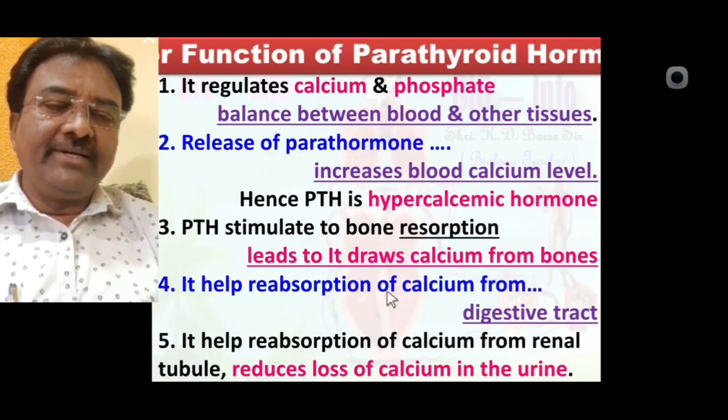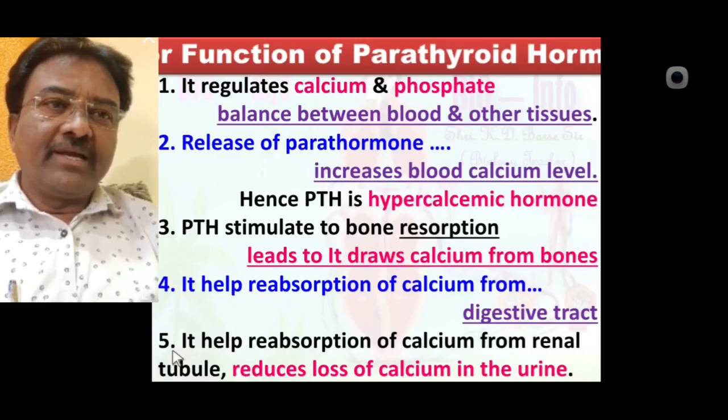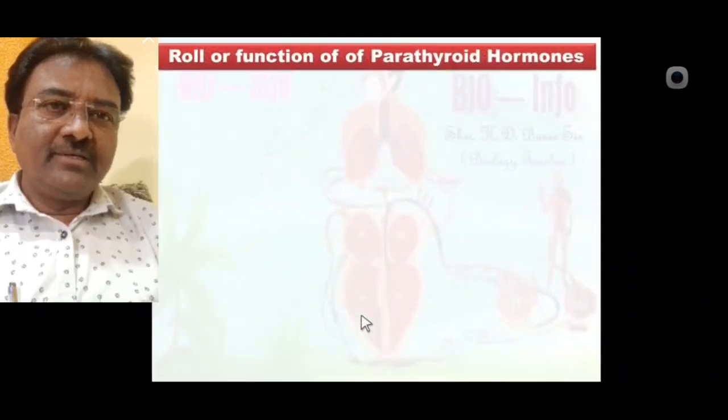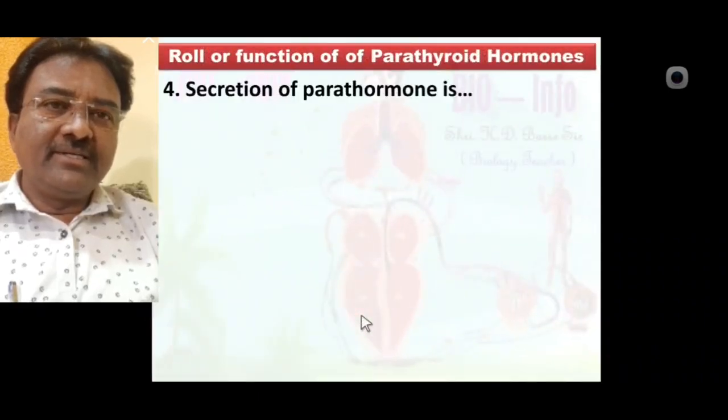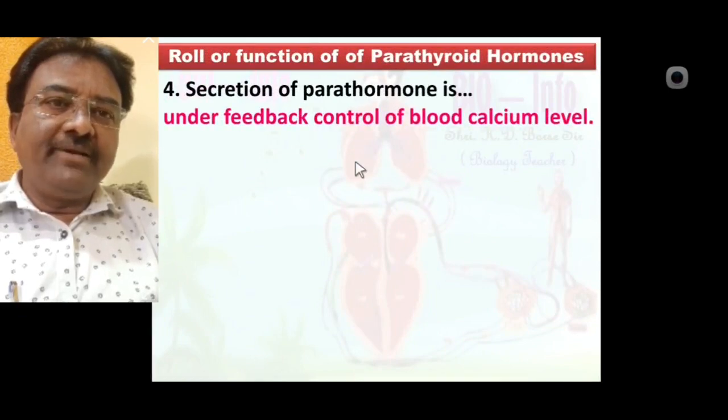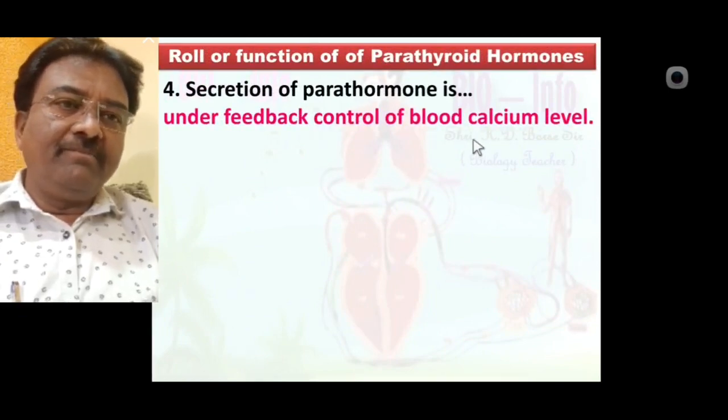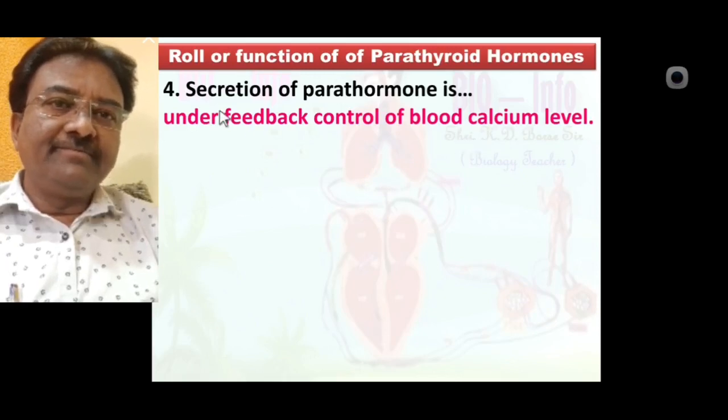Up to this we discussed in detail 5 different characteristic features, or roles and functions, of parathormone. Number 6, secretion of parathormone is under feedback control of the blood calcium level.